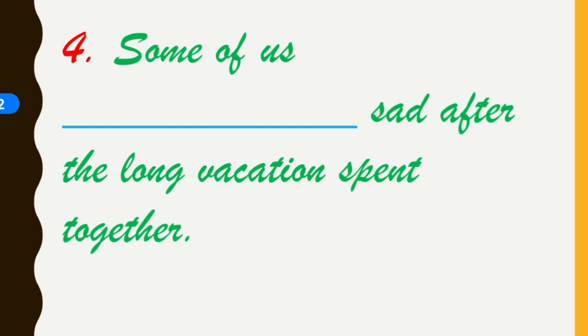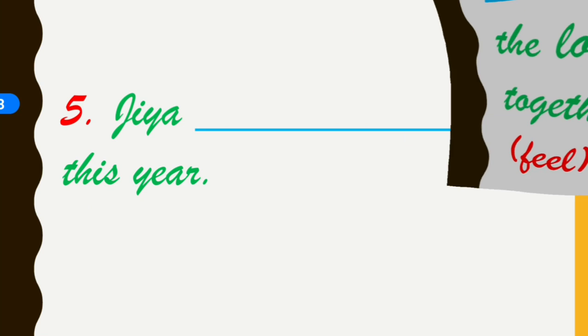Some of us dash sad after the long vacation spent together. Yes, some of us. The verb that is given to us is feel. Some of us will feel sad after the long vacation spent together. Next one.